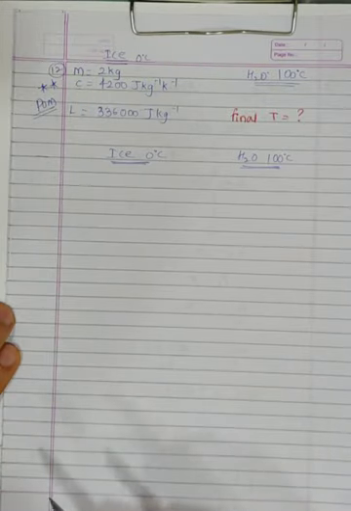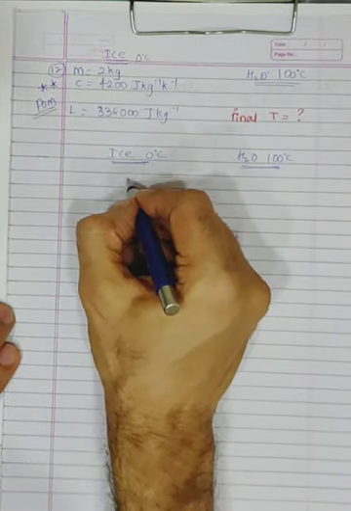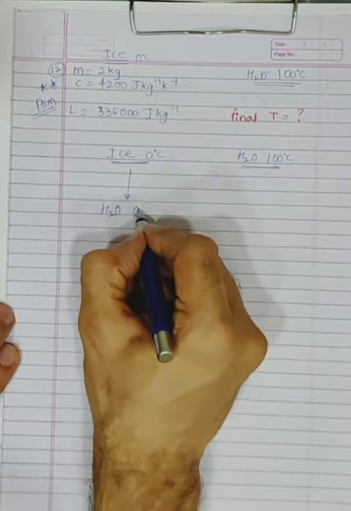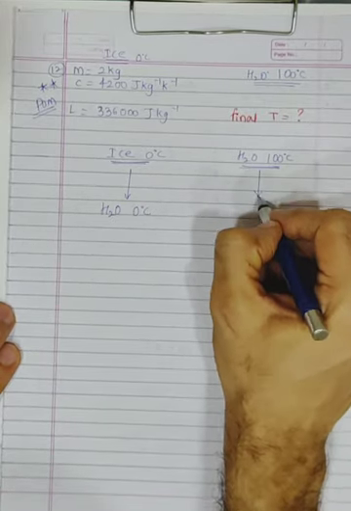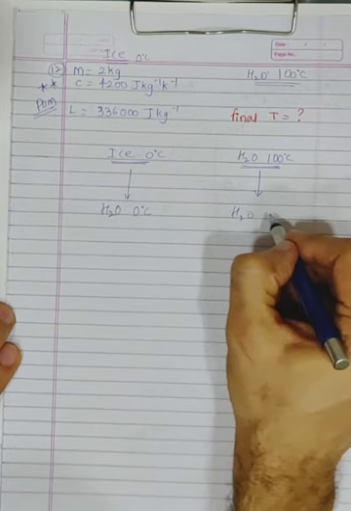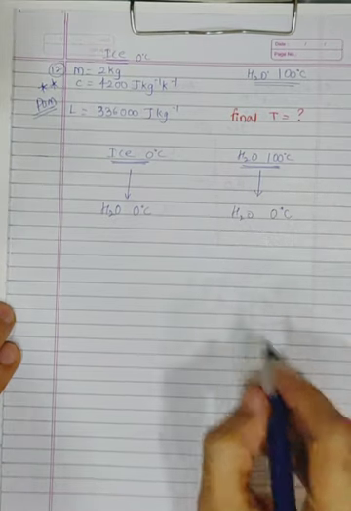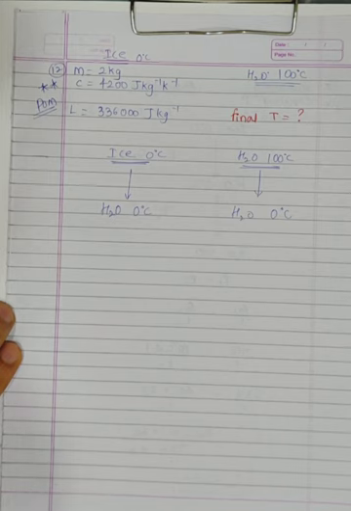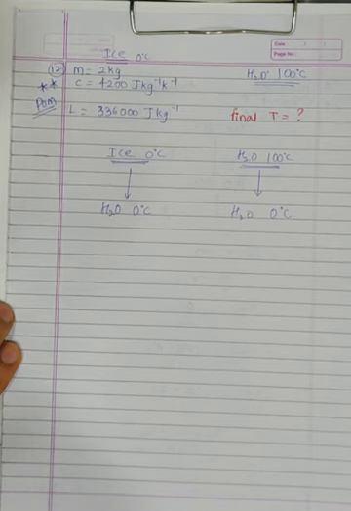It will be 0 degrees. So ice at 0 will absorb heat and become water at 0 degrees. Water at 100 will become water at 0 degrees. How did I realize that the final temperature is 0 degrees? If you read the question properly, they said you had a block of ice. So you have a huge quantity of ice, maybe 20 kg, 30 kg, and out of that only 2 kg is melting.